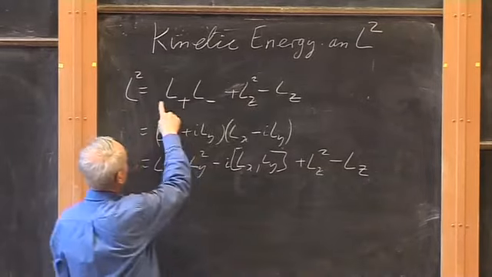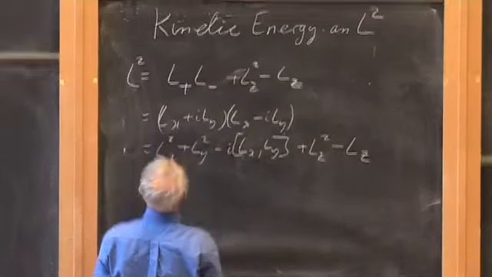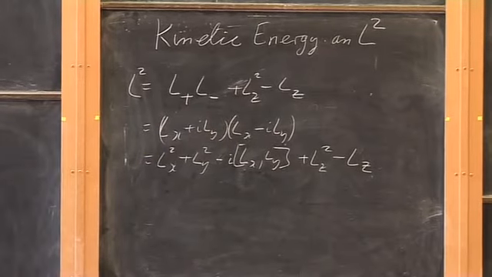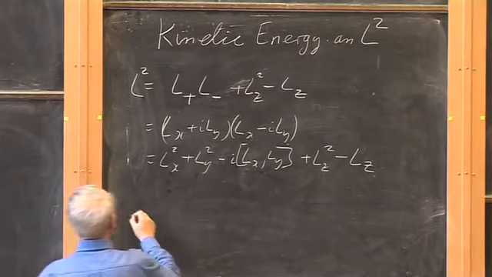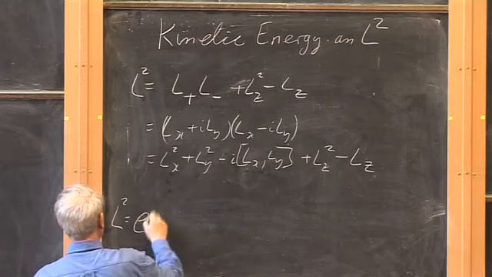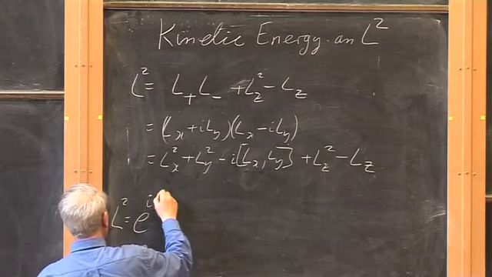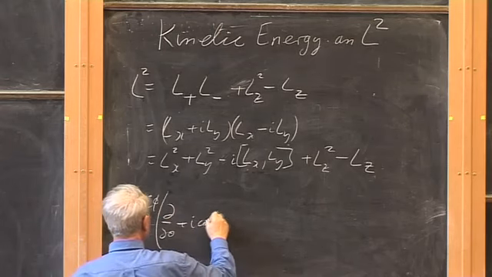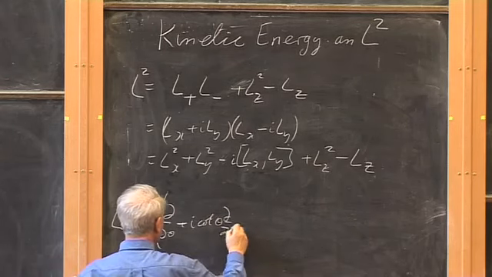So that's that. So what we do now is we write down L plus L minus, which we have floating up there in the stratosphere. So we have that L squared is equal to e to the i phi times d by d theta plus i cotangent theta d by d phi.